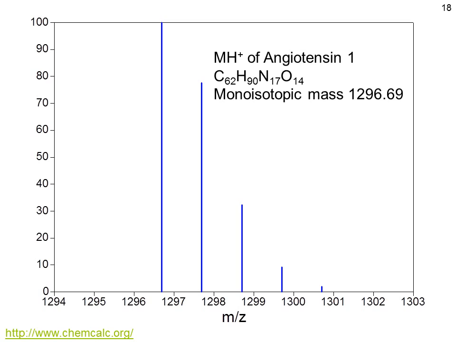Now let's look at a mass spectrum of a peptide, angiotensin 1, which is related to blood pressure regulation. Angiotensin 1 contains 62 carbon atoms, 90 hydrogen atoms, 17 nitrogen atoms, and 14 oxygen atoms.